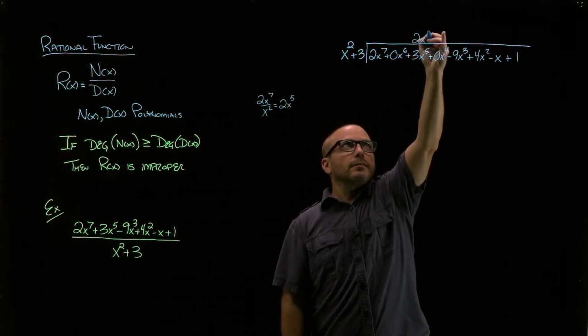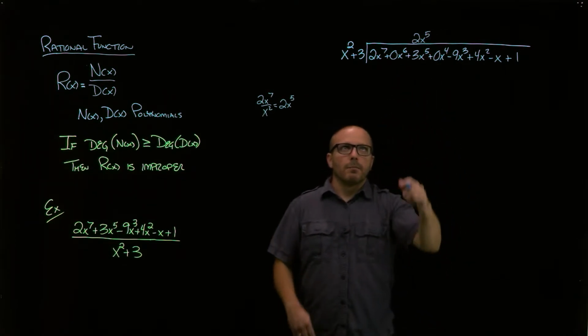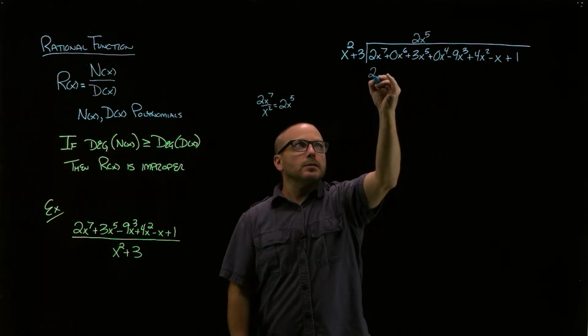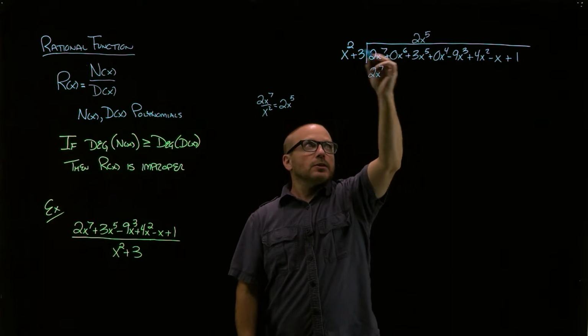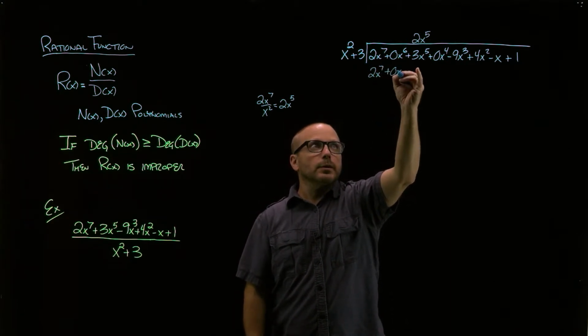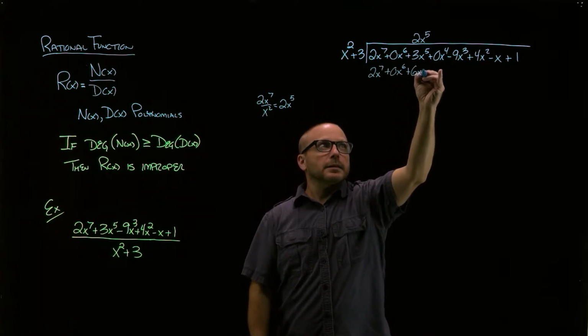Now remember from just number division, now I want to multiply these and find my remainder. So multiplying, that's 2x to the 7th. There's actually no 6th degree term here when I multiply, so I'll just put in a placeholder. And then plus 6x to the 5th.